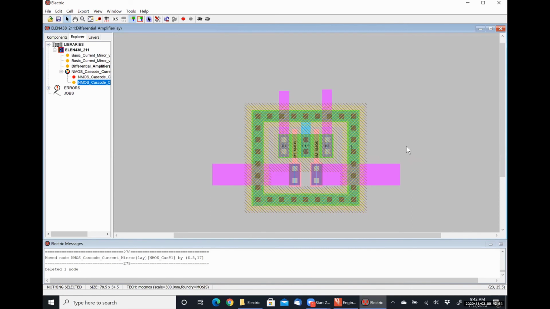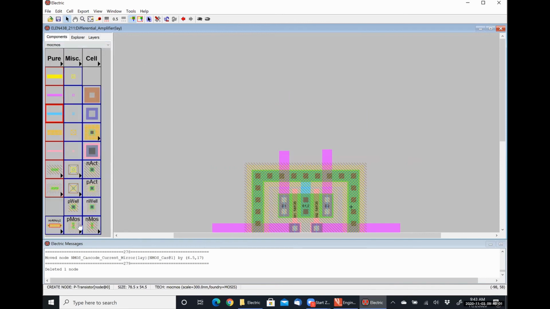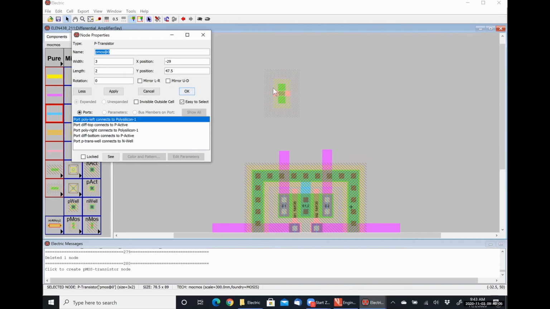All right, so we've got a couple of PMOS transistors. They're going to go up here at the top. So we go into components, PMOS. These are going to be 30 by 2, and I'm going to do them as three 10 by 2s in parallel like we did before. I'm going to rotate it 90.